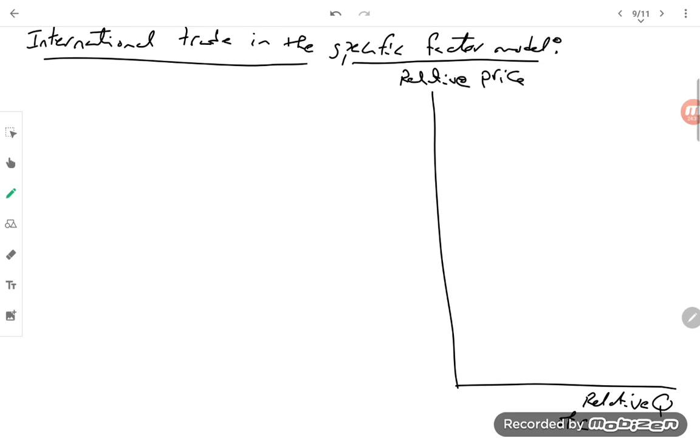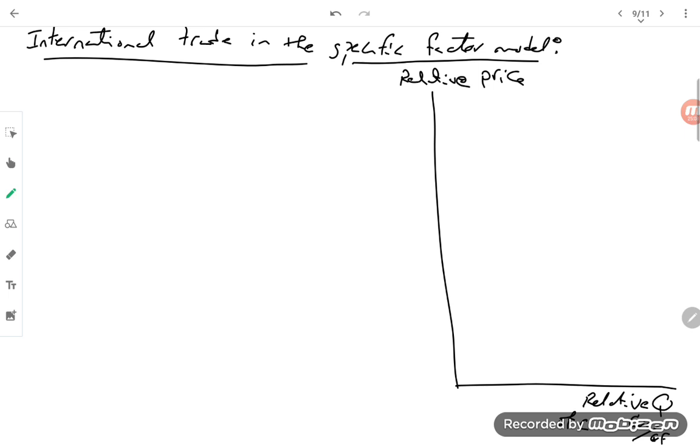Now we are going to draw demand and supply curves, but it's not the usual one. It's related to the world as a whole. As a result, on the x-axis, we are going to put the relative quantity of the product, say, for example, of cloth. So this will be Q of cloth divided by Q of food.